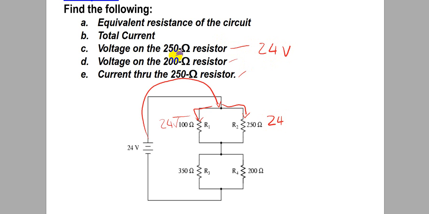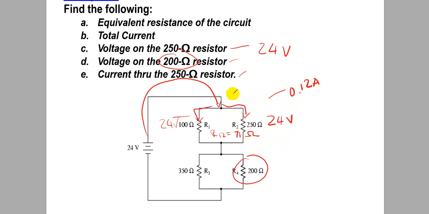Now we look at the bottom part of the circuit. Previously, we found that R12 is 71 ohms, right? When we combine them, and we know the current. The current is 0.12 amps.